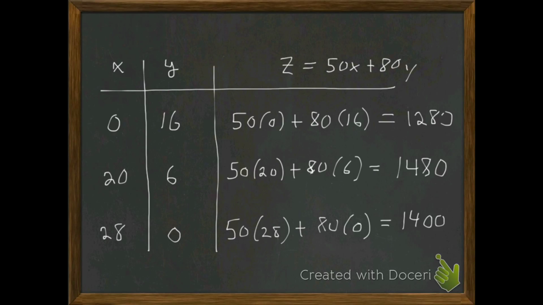Okay, so clearly the biggest number, and again we're trying to maximize here, so we're looking for the biggest number. The biggest number occurs at 1480, okay? And that occurs when we have 20 standard tenths and we have 6 expedition tenths.